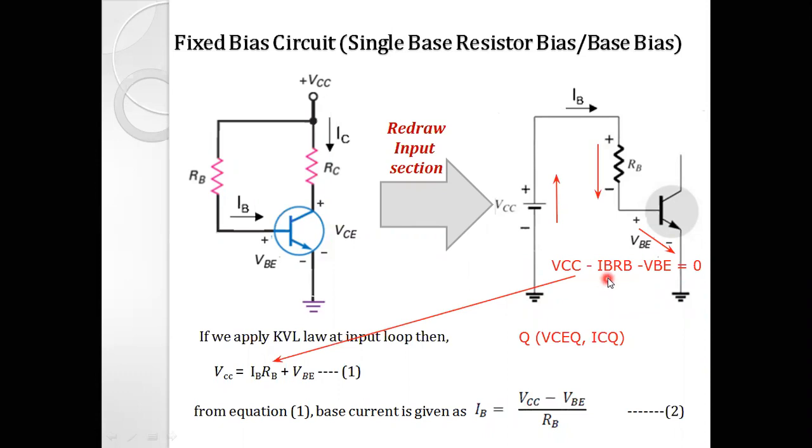So when we make IB the subject of the equation, we get equation number 2, that is the base current, right? You might have questioned that we need IC and VCE for the operating point. Then what is the necessity to find the base current, right?